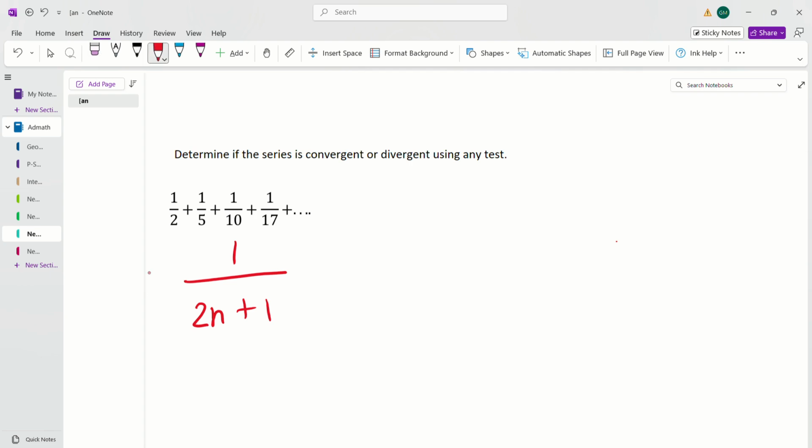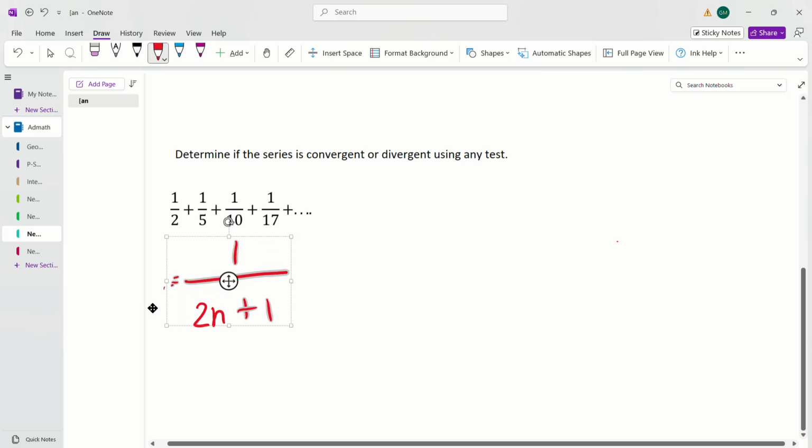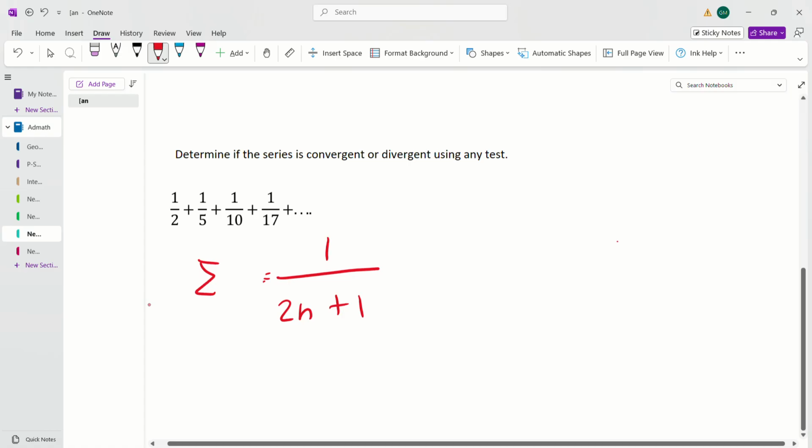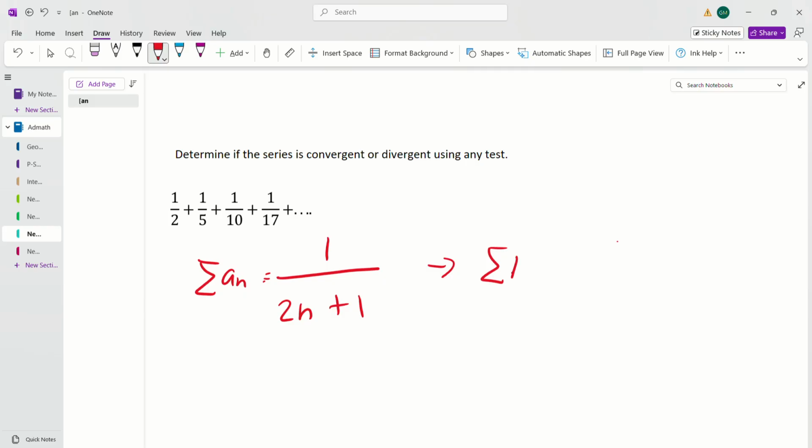Next, from this general formula, let's derive the summation of b sub n. Let me represent this as the summation of a sub n. We need to find the summation of b sub n.